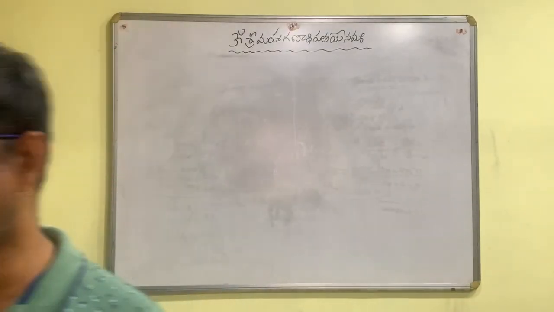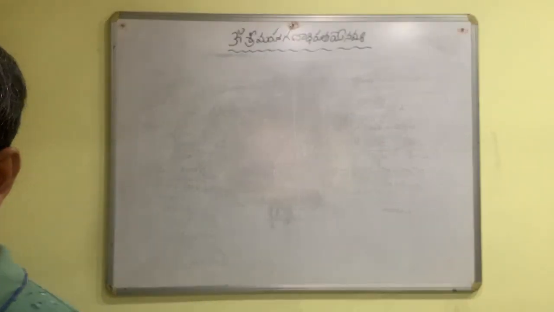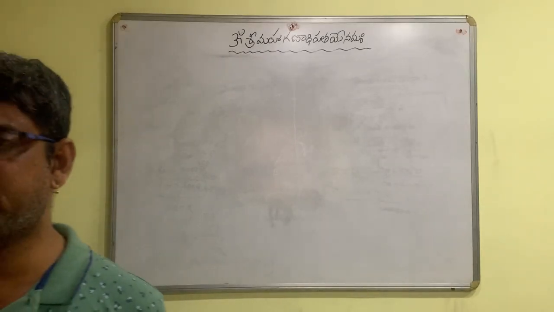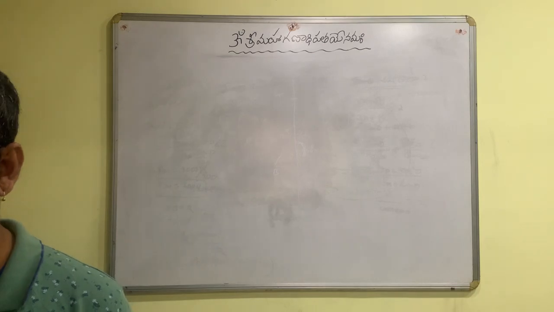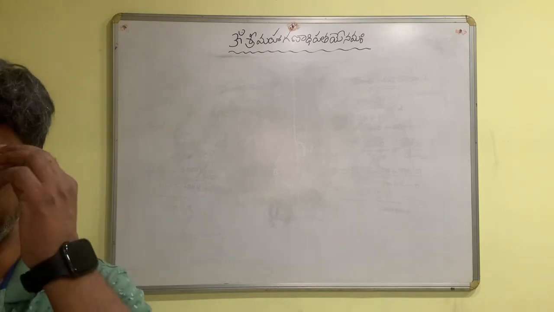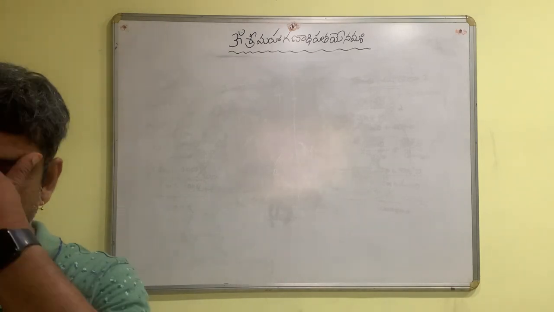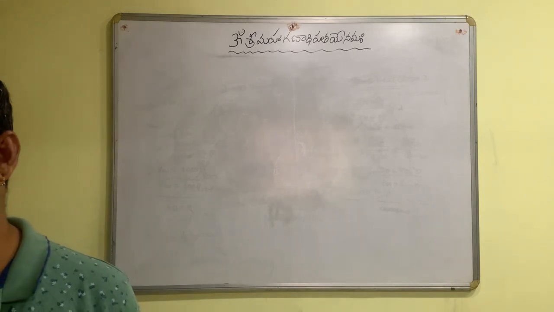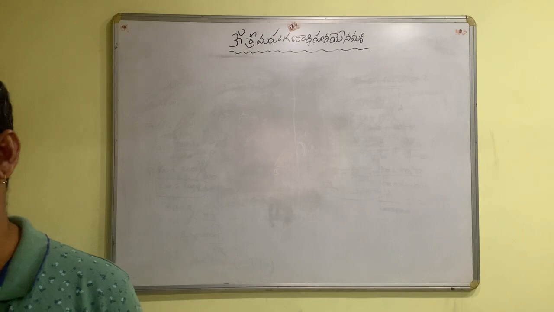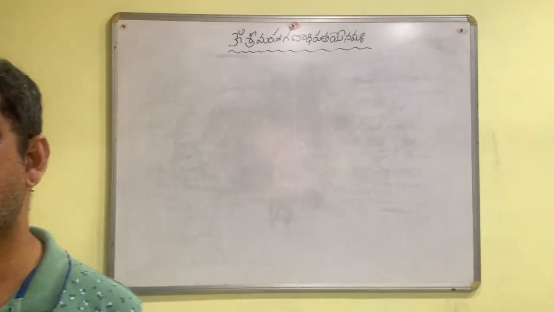The sun's altitude is given as 45 degrees. Height of the tree and its shadow both are the same.